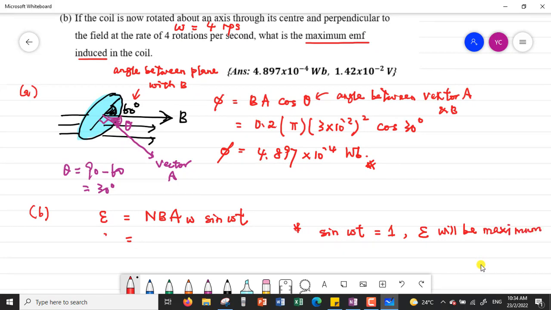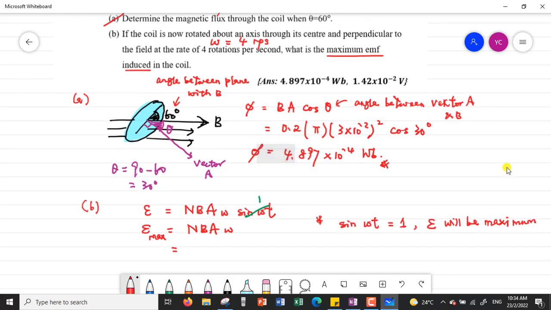So the maximum EMF that we want to calculate will occur when sine omega t equals 1. Then we are only left with NBA omega. Then we substitute all the values given in the question.